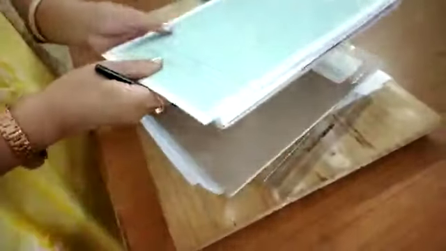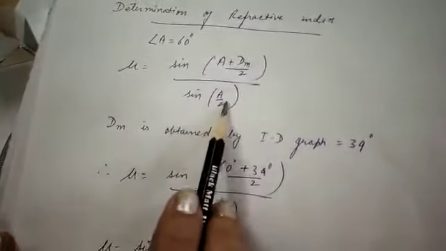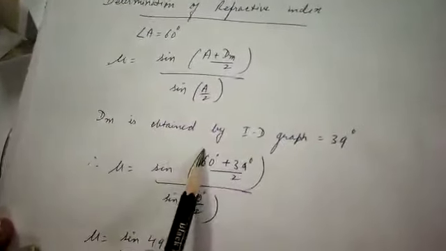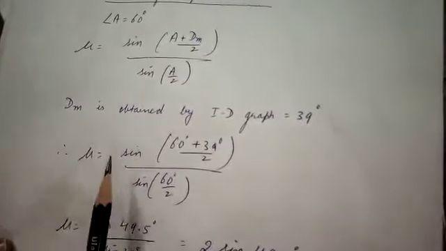Now what is the formula for determination of refractive index? Angle A is 60 degree. Mu is equal to sine of (A plus delta M) upon 2, upon sine of A by 2. Delta M is obtained by the graph, which comes out to be 39 degree according to our experiment.